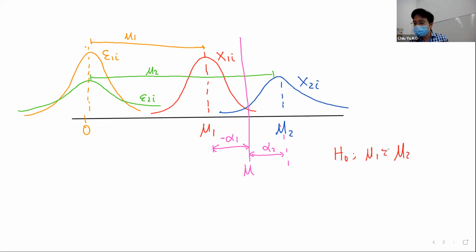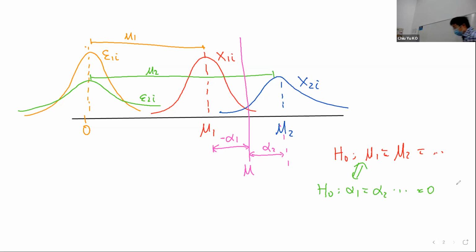Asking if they have the same mean is the same as asking if alpha 1 equals alpha 2 equals 0, that is, the treatment effects, the alphas, are all 0. So that is the question, and that is the problem of the ANOVA.